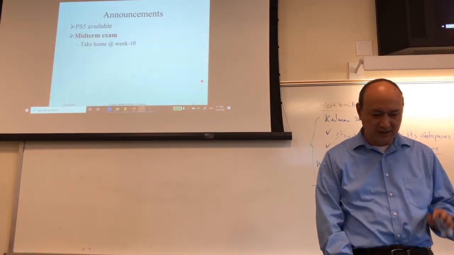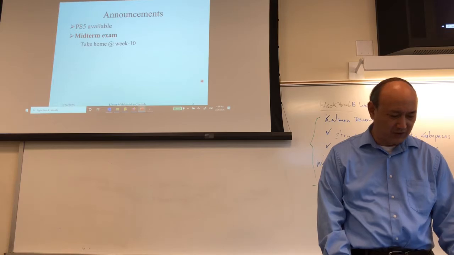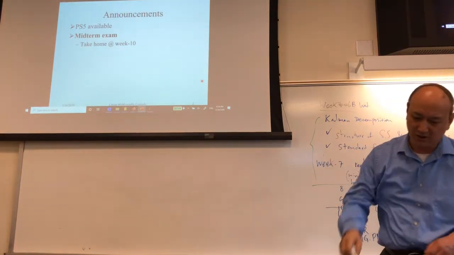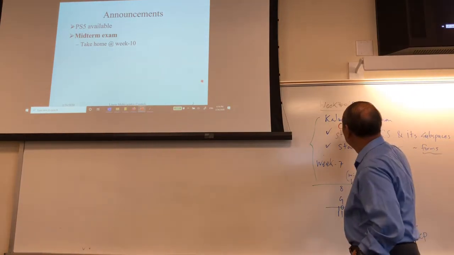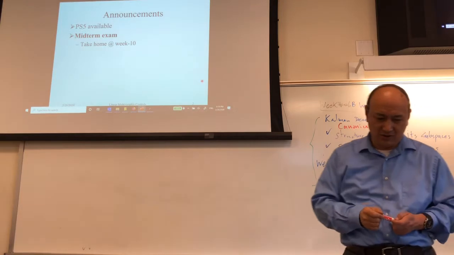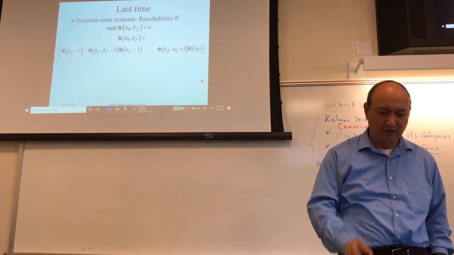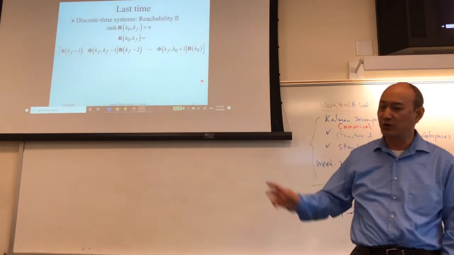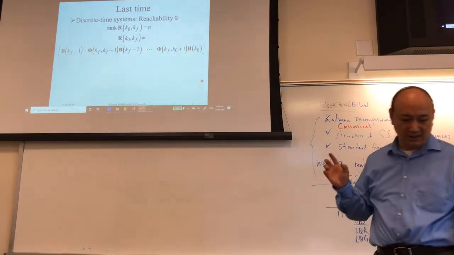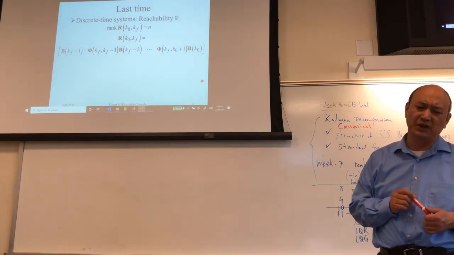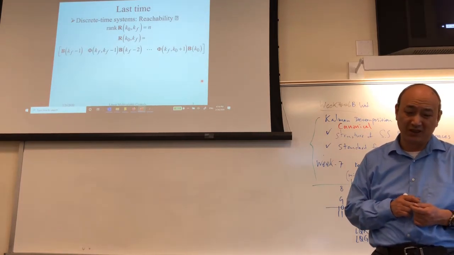But today, before we go to Kalman decomposition, which is also called canonical decomposition, let's remember what we learned about discrete time reachability. I think we briefly reviewed differences between reachability.